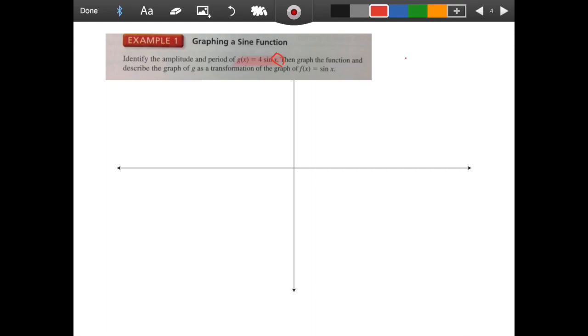So that would imply that there's no horizontal shift. There's no term being added at the end, because we could really just rewrite 4 sine of x plus 0, which implies that there's no vertical shift.